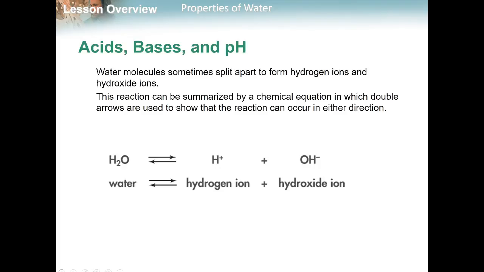So about 1 out of every 550 million molecules of water goes through a split. It goes through a breakup.